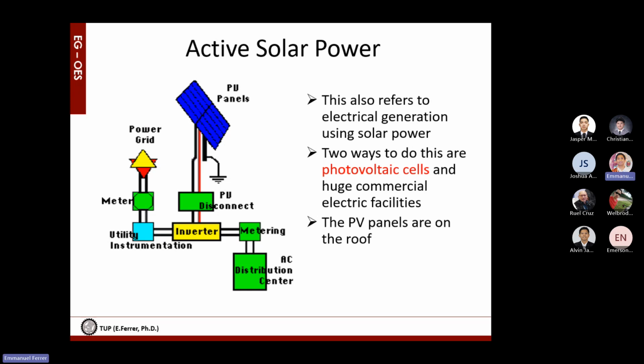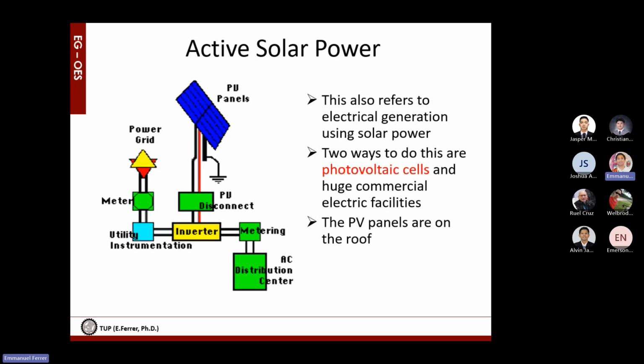Kaya dito if you will see dito sa left side nung illustration, or left side nung inverter, meron kang power grid connected to AC sa left side, ayan, utility instrumentation, tapos may metering, tapos power grid yan yung binebenta.